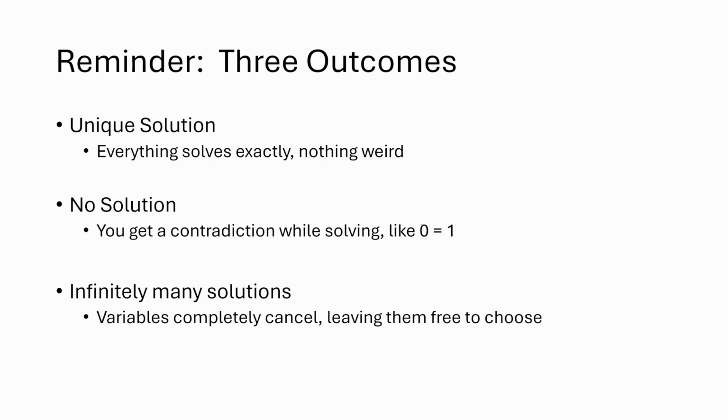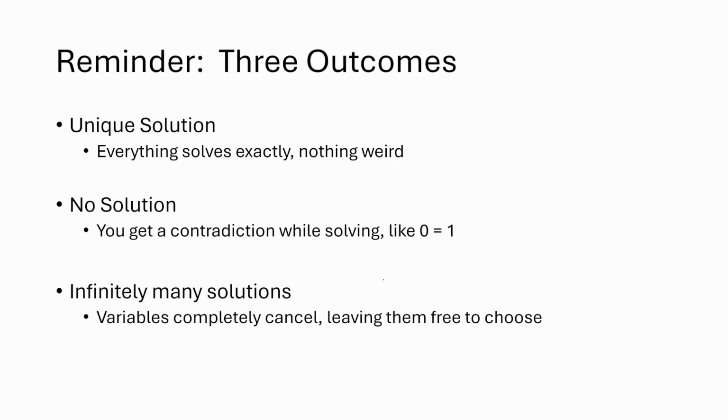And in that case, you will freely choose one of the variables, or maybe more than one, and the values of the others will be determined by that free choice. So the ratios of the variables to each other are fixed, but the absolute values of each variable will not be fixed.